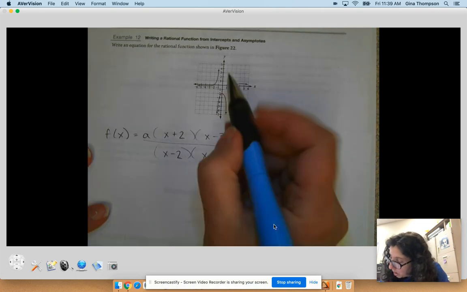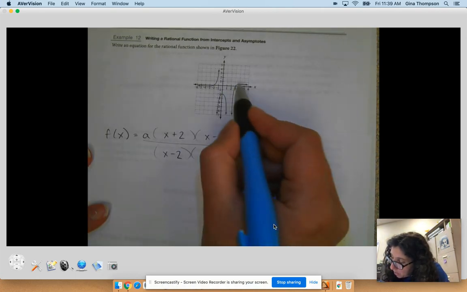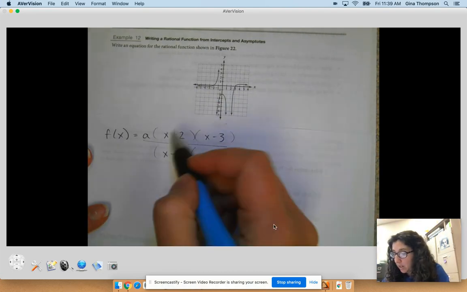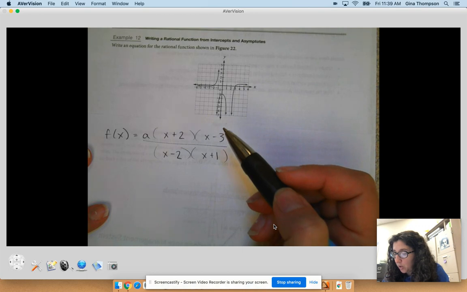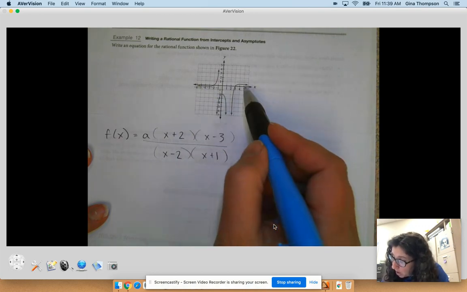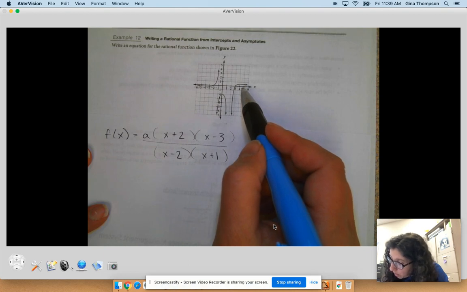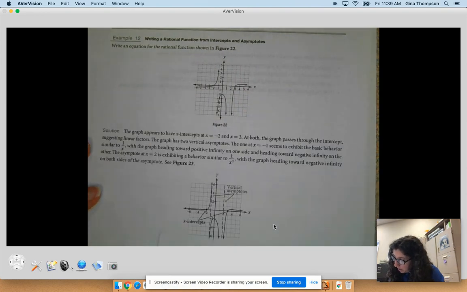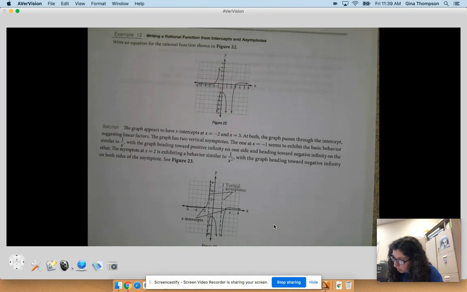And that accounts for our x-intercepts and our vertical asymptotes. Our horizontal asymptote would work out because we have the same degree. Oh, sorry. If the horizontal asymptote is the x-axis, we need the denominator to be 1 degree greater. So one of these is going to be squared.